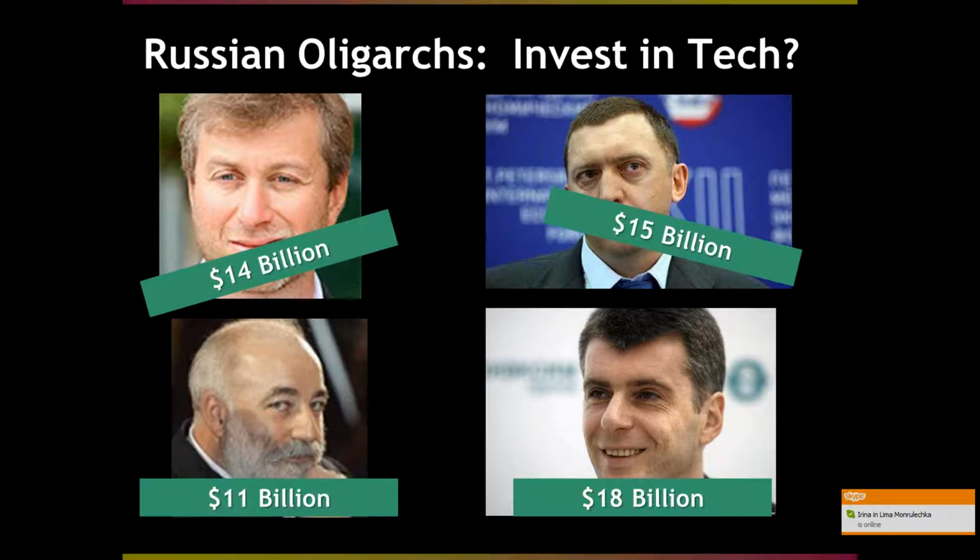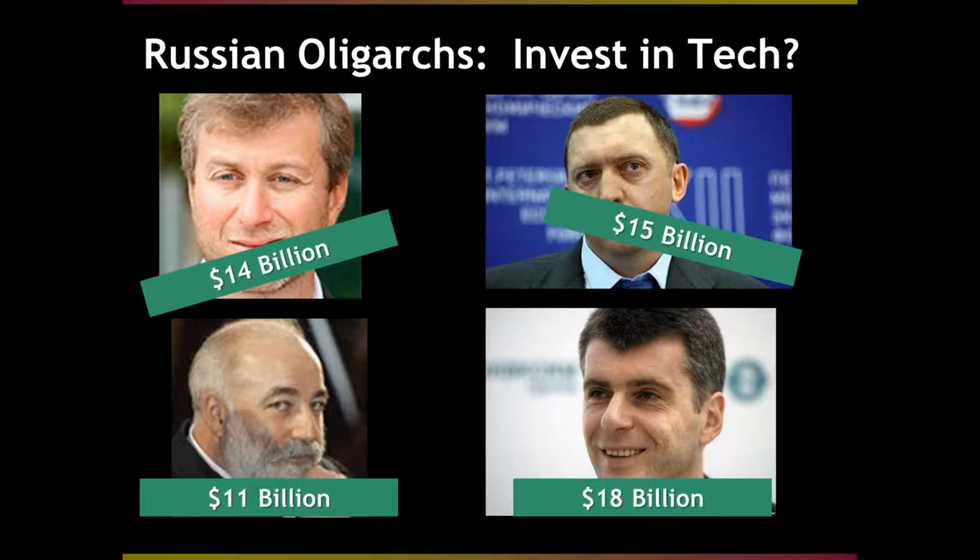I want to start this conversation with some examples of Russian oligarchs. Here are four pictures of four Russian oligarchs, and their net worth is anywhere between 11 billion and 18 billion dollars.